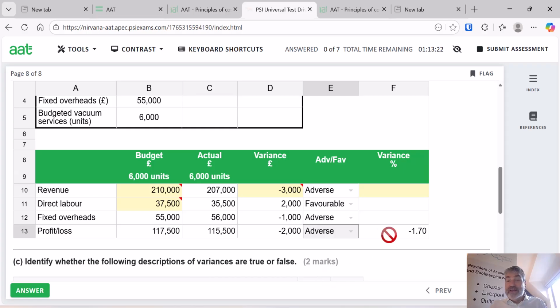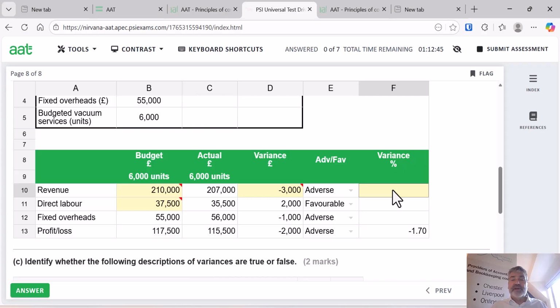Okay, well, in column F, we need to put in our variance percentage. What is the variance as a percentage of the budget, as a percentage of the comparative figure? In cell F10, we need to put in a formula. So basically what I want to do is take the variance figure of 3,000. I want to divide it by the original budget figure of 210,000, and I want to show it as a percentage.